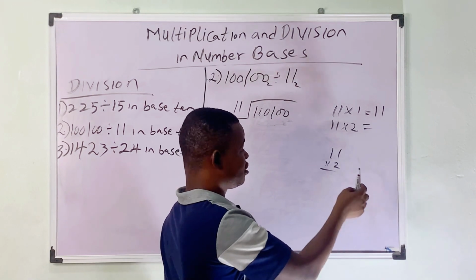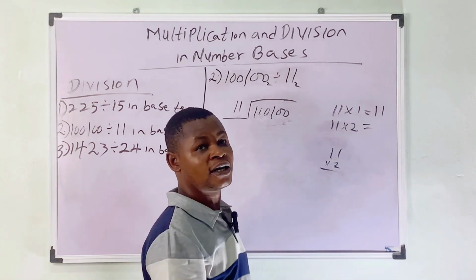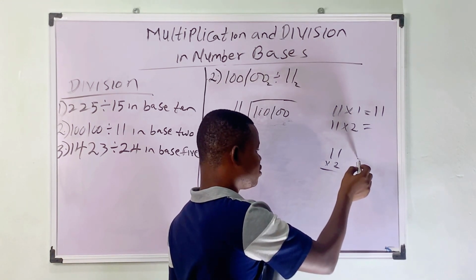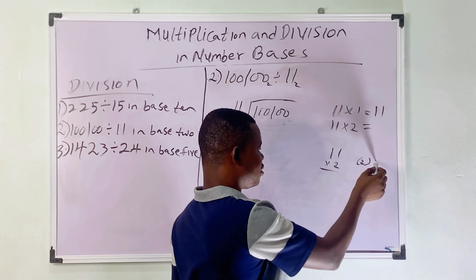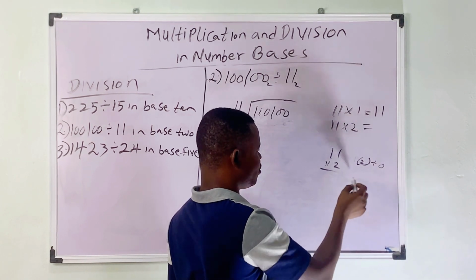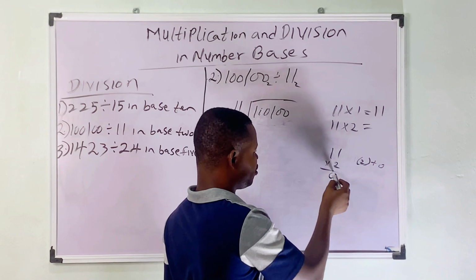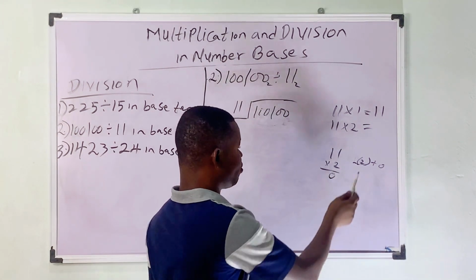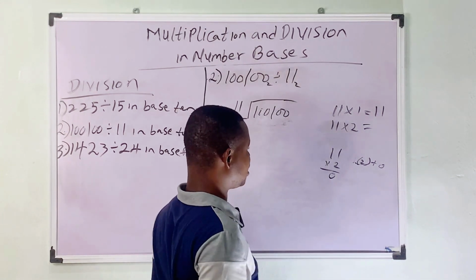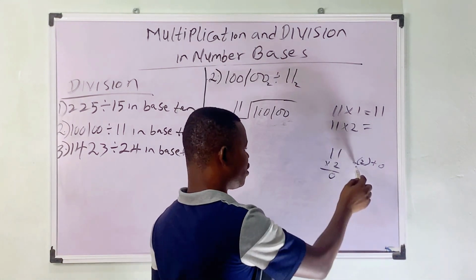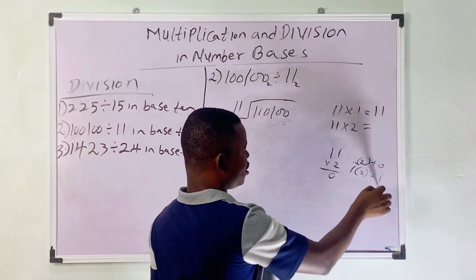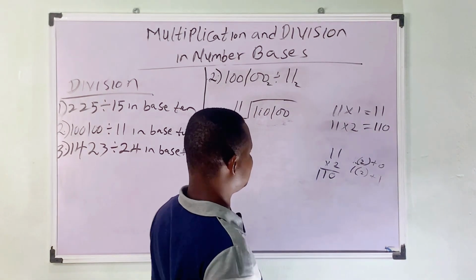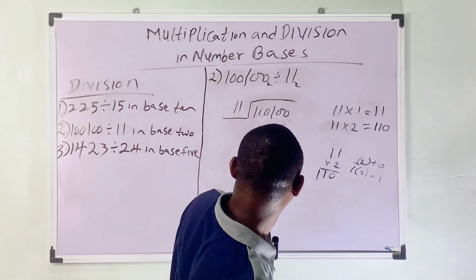We cannot write it because it's more than the number of digits you can have in base 2. That means we have one set of 2, then remainder 0. Then we write 0, and we have one set of 2 kept outside. 1 times 2 is 2, plus the one we have outside, that's 3. That shows we have one set of 2, then remainder 1. Then we write this. We have 110.